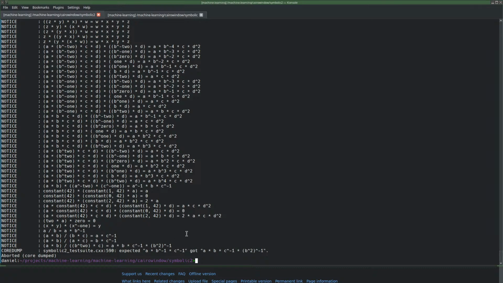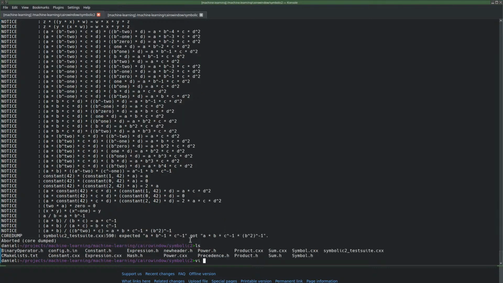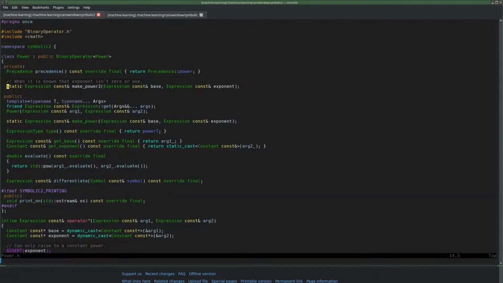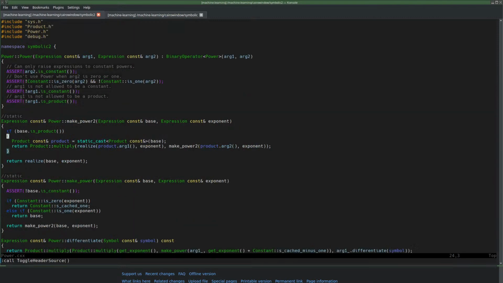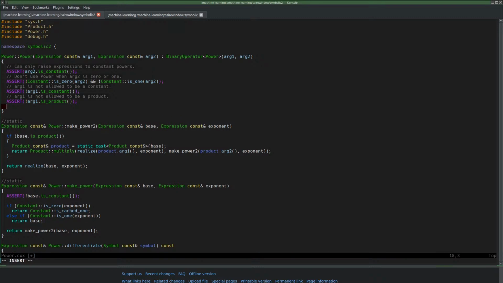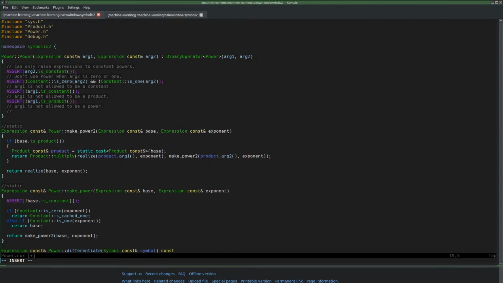So I also have to disallow exponents as base, or powers as base of a power. And then we can see where that happened. So it's not allowed to be a constant, not allowed to be a product, and it's not allowed to be a power. Very limited.